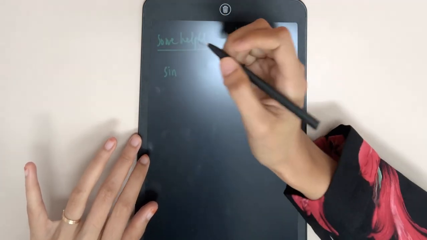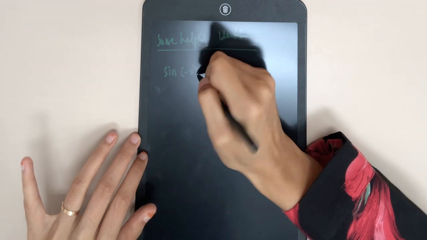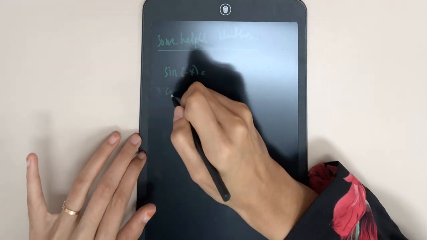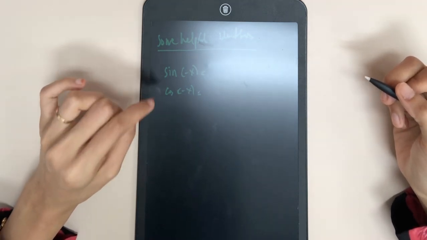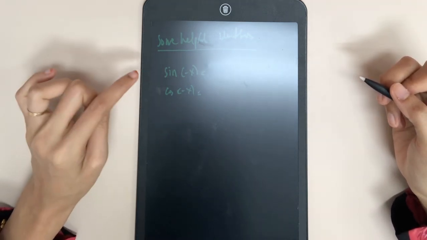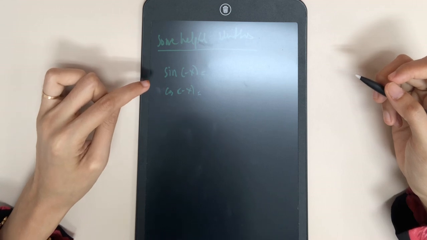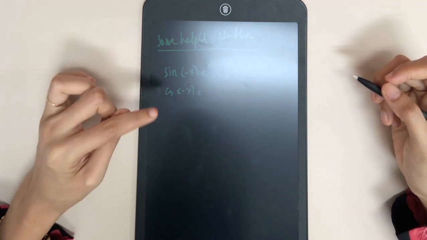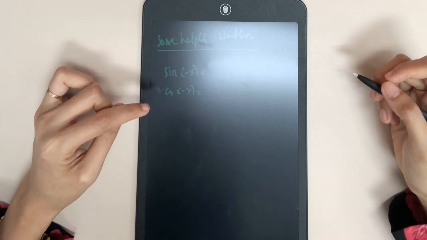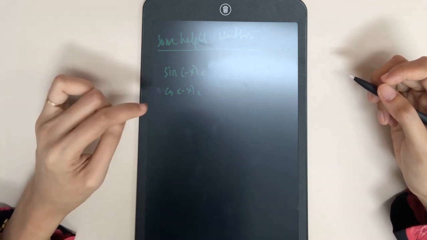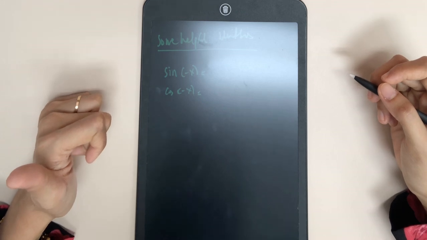So the first ones are sin negative x and cos negative x. These two I think you should already know. Is sin odd or even? Sin is odd, right? Cos is even. So based on the previous video, on how to show whether a function is even or odd, you can show it using graphical methods and also equations, right?